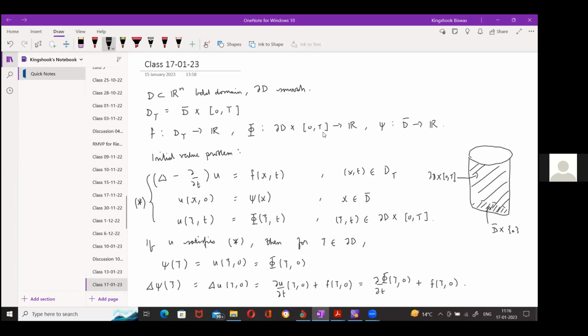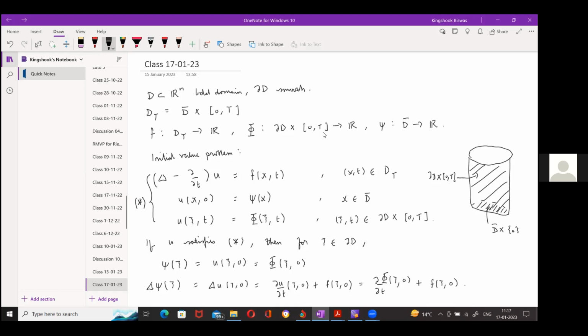Okay. So why is this a good set of conditions? Because this guarantees that any solution, if it exists, is unique. Because if I take any two solutions, u1, u2, the difference will satisfy the heat equation, del u/del t equal to Laplacian of u. By applying Laplacian minus del/del t to u1 minus u2, I'll get f minus f, which is 0.